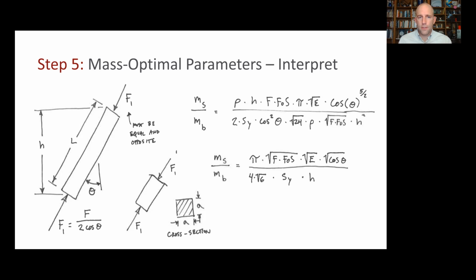So one way to figure this out is to divide the mass, or we could also divide the cross-sectional area dictated by stress failure by that dictated by buckling failure. And if we do that and simplify, we'll find that the ratio is this. And we can look at this and gain some understanding of why that's the case. So first of all, let's do something that's easy.